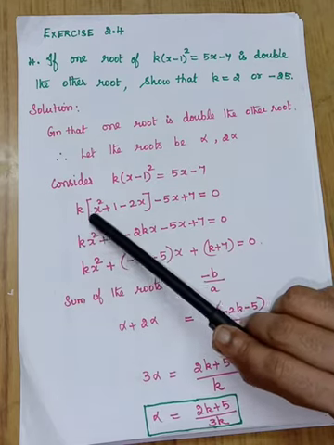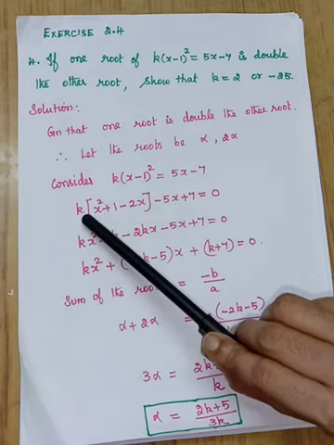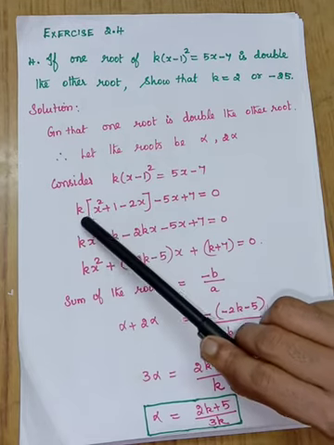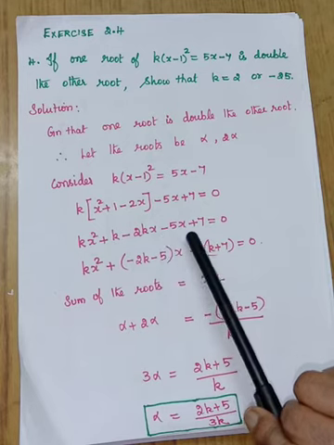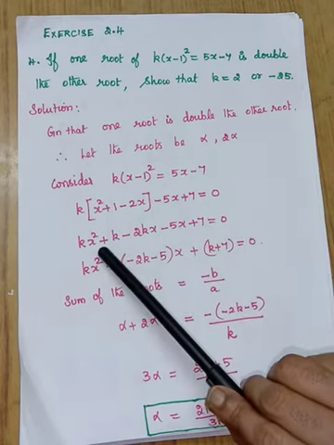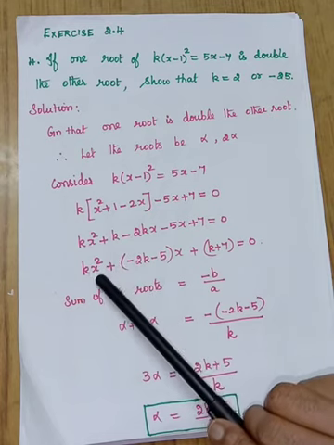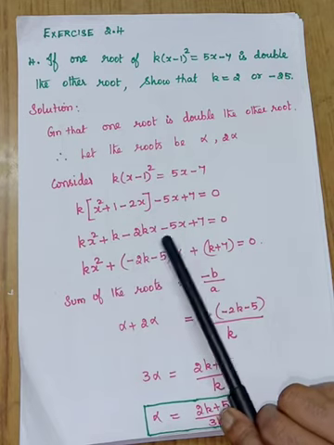Now multiply k to these three terms: k into x², k into 1, k into −2x is −2kx, −5x + 7 is equal to 0. So you will have only one x² term, which I have written as kx², and there are two x terms.